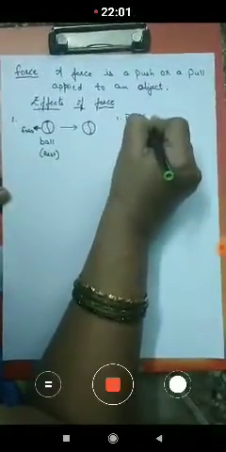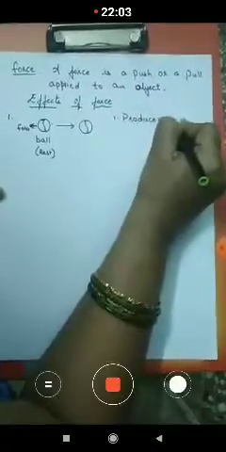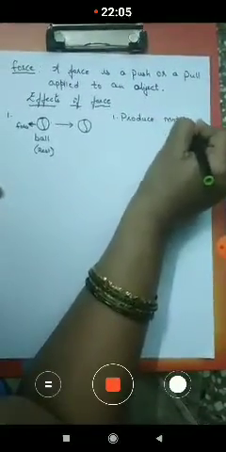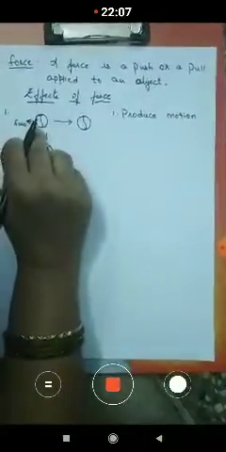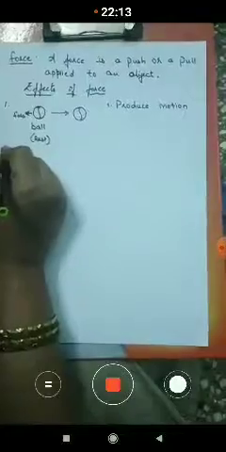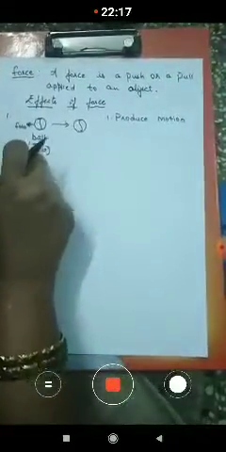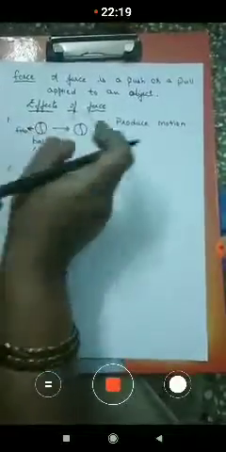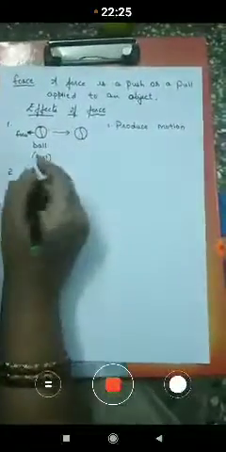To produce motion, that is the ball moving from one place to another when we apply the force. So the second one, yes, the second time we take the same ball, with the same ball I am going to explain.